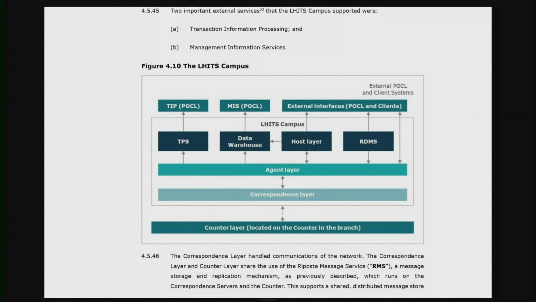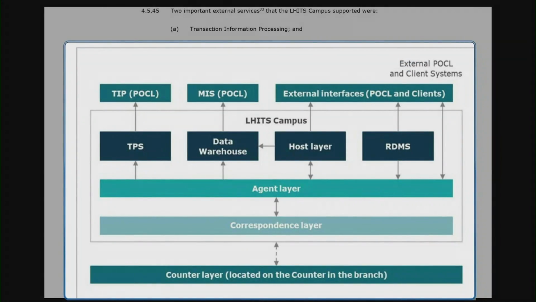And just highlight or blow that up, please. Thank you. Could you talk us through the Legacy Horizon campuses, the layers, from the bottom upwards, please, starting with the counter layer? Yes. Which we've already dealt with.